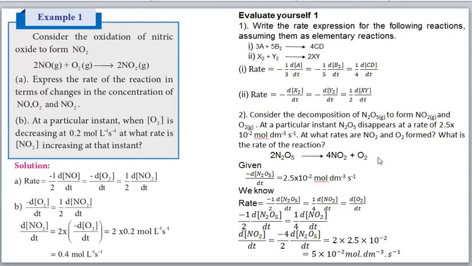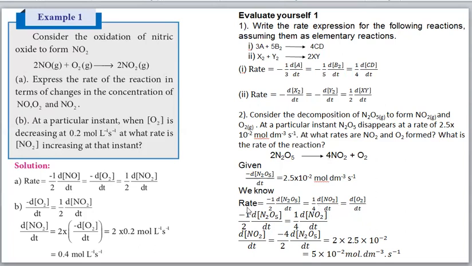Then from this equation, we can write rate as, in terms of N2O5, minus 1 by 2 d[N2O5] divided by dt, equal to, in terms of product NO2, here number of mole is 4, so 1 by 4 d[NO2] by dt, which is equal to, in terms of oxygen, d[O2] by dt.